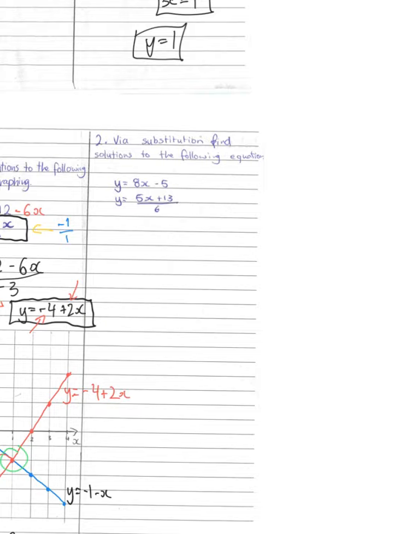It doesn't matter which way you do it, but what I'm going to do is sub in this value for y in the top one, which is 8x minus 5, into the second equation. So that y equals 8x minus 5, I'm going to sub into the second one, so it's going to be 8x minus 5 instead of that y, equals 5x plus 13.